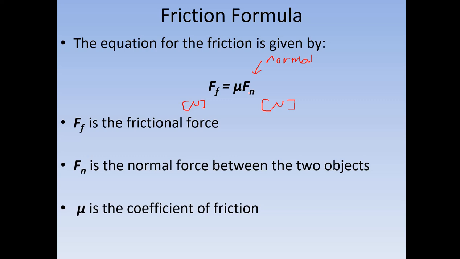You can actually see this yourself. Take your hands, start rubbing them together. If you gently put your hands together and rub, you'll feel a little bit of heat. But if you push really hard, you'll notice that every time your hands slide across, you'll generate a lot more heat with a lot more force being applied. So that's why Fn is in that equation.